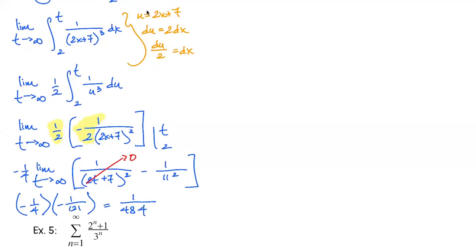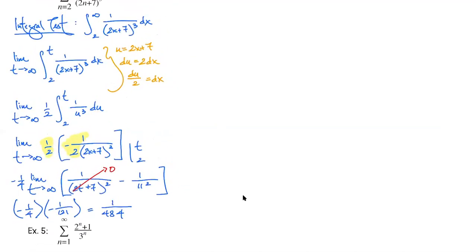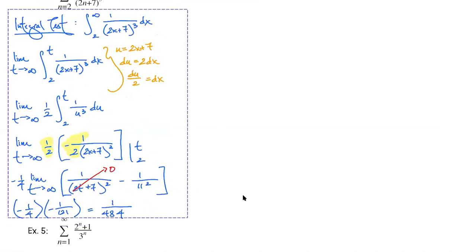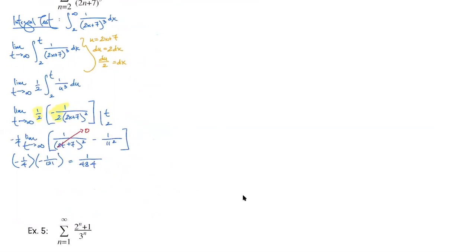Now, the integrating part is maybe not so bad, but we have to also know how to interpret our results. So what does this 1 over 484 imply for our original series? Converges. Say that again? It converges. Okay, tell us why. Because we got a finite number. Okay, it has to be finite. What else does it have to be? And positive. All right, so finite and positive.